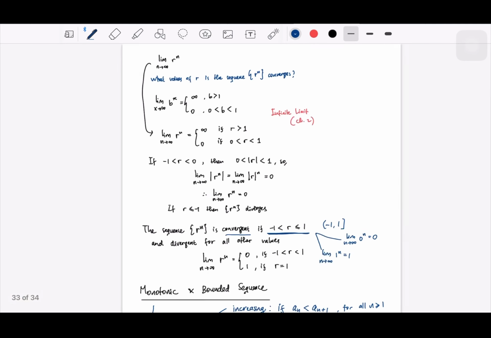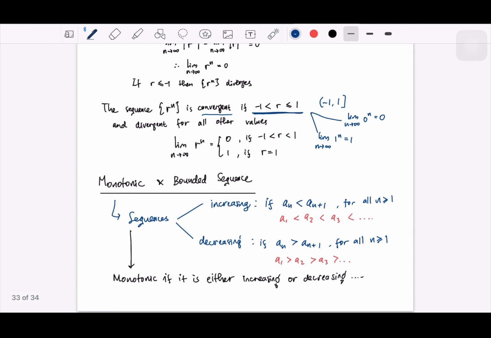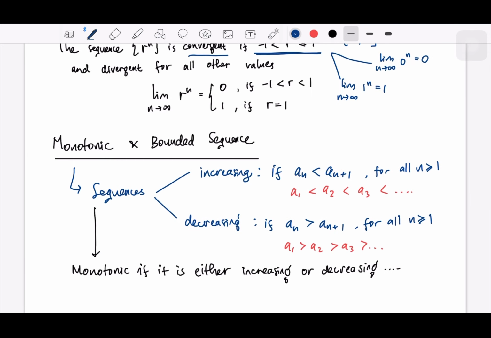And another thing that is important is the monotonic and bounded sequence. Monotonic means that the function or sequence will be increasing or decreasing. If you can prove that the first term is less than the second term or greater than the second term, you can think that maybe it's increasing or decreasing.